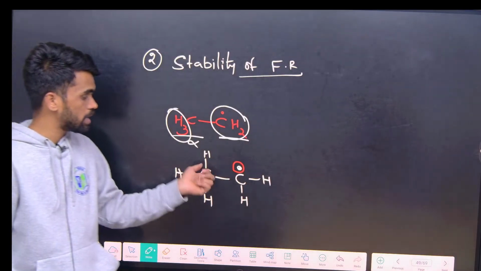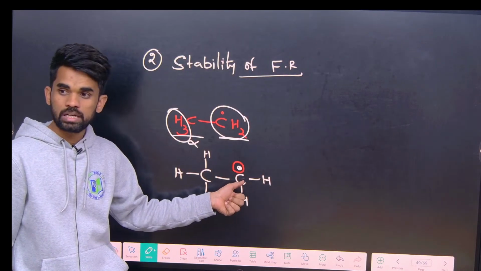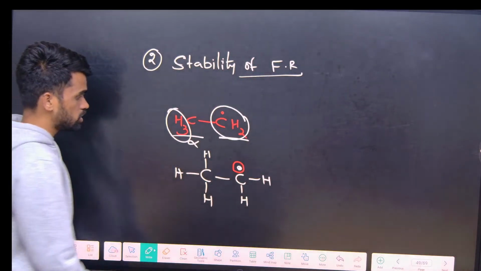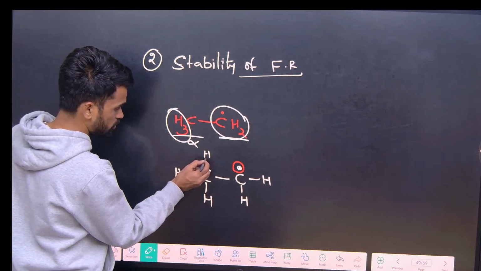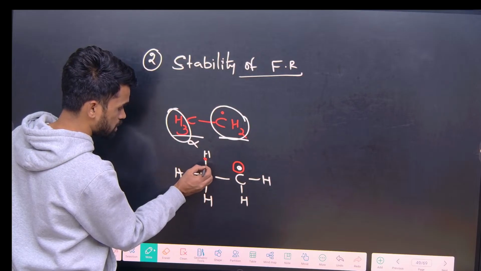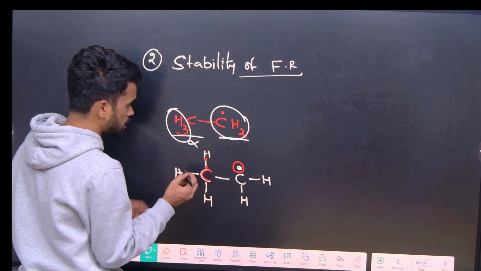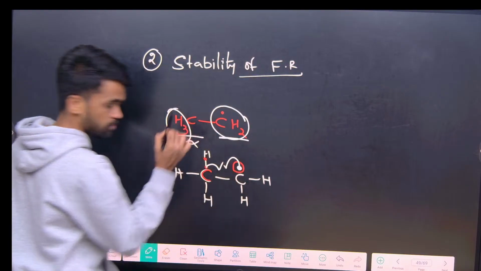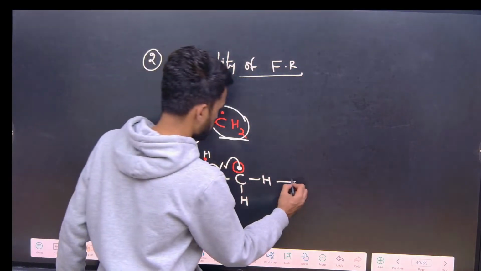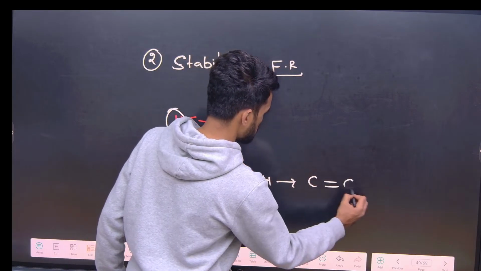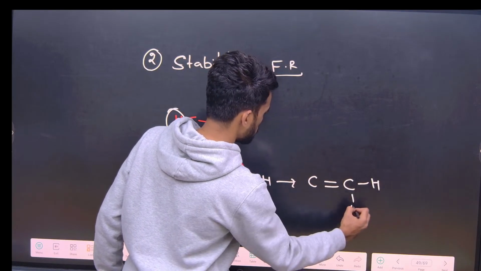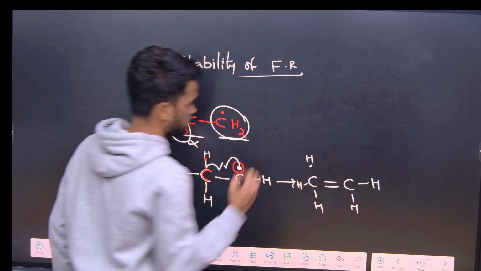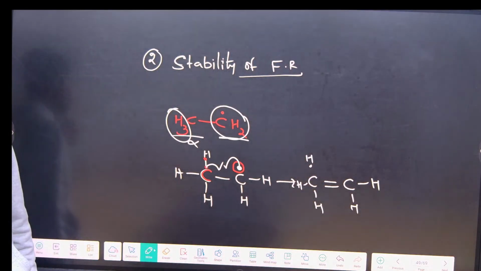So how many electrons are still required for this carbon to get octet configuration? 1 more. So that 1 electron comes from the weaker CH sigma bond, that is alpha CH sigma bond, which breaks homolytically and pairs up like this, and gives C, C, H, H, H, H and H dot like this. How many times will it be stabilized in the same way?